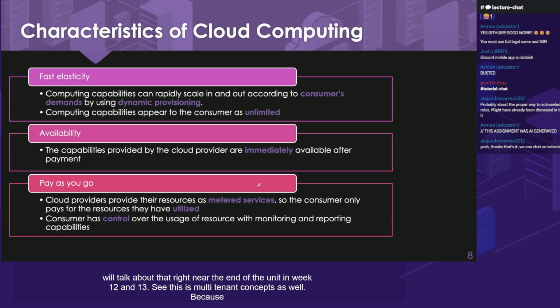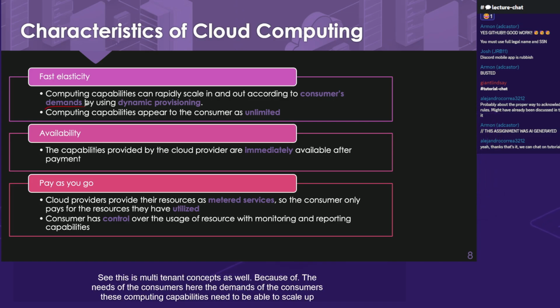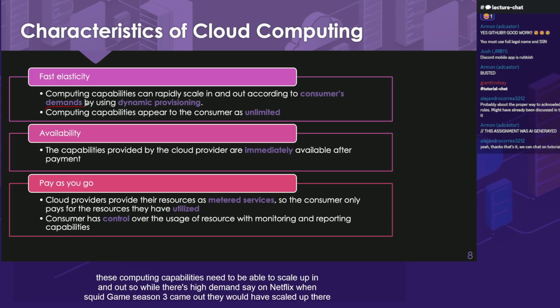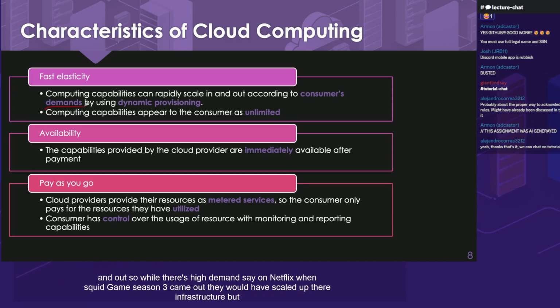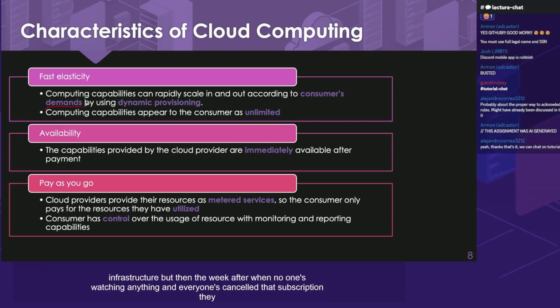Because of the needs of the consumers here, the demands of the consumers, these computing capabilities need to be able to scale up in and out. So while there's high demand, say on Netflix, when Squid Game Season 3 came out, they would have scaled up their infrastructure. But then the week after, when no one's watching anything and everyone's cancelled their subscription, they would scale it down based upon consumer demands.